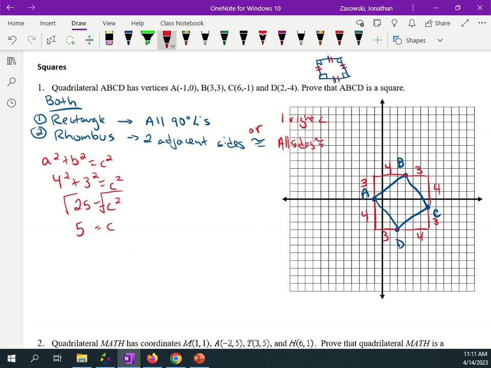What I still want you to do is at least tell me what those distances are. So if you want to write down the distance of AB is 5, BC is 5, CD is 5, and AD is 5. Now, do you guys remember that we would technically, based off of this work, write down AB equals CD equals BC equals, okay?